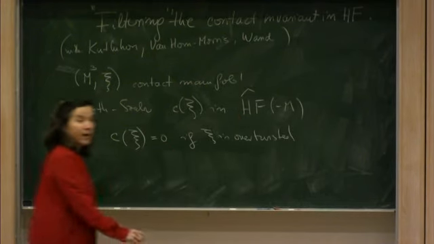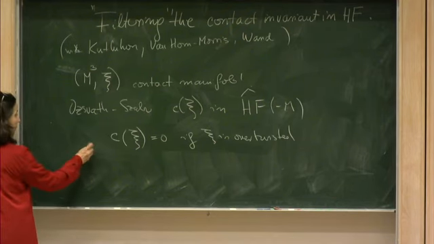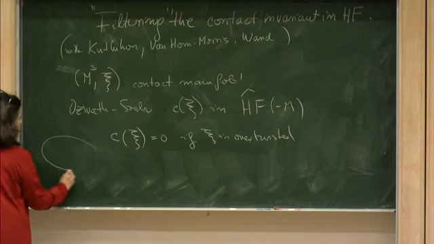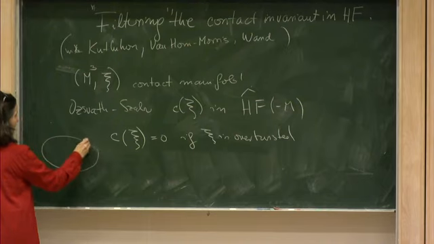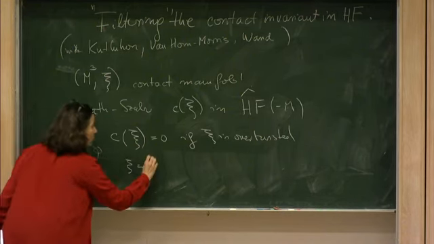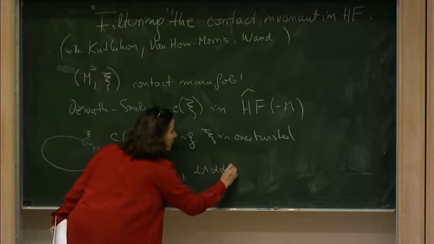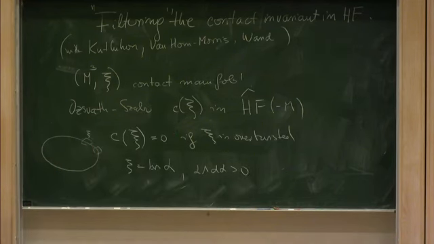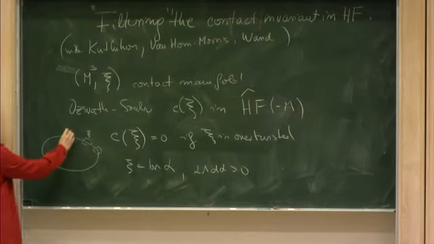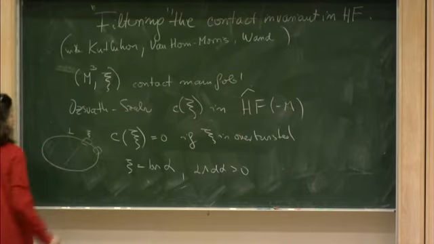Overtwisted means that there is a Legendrian curve, where Xi is a plane distribution, the kernel of some alpha with alpha wedge d alpha positive, and we have a Legendrian curve L bounding a disk.